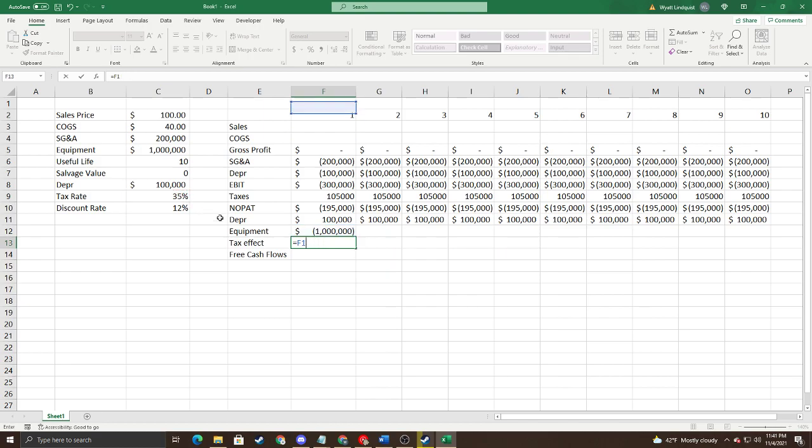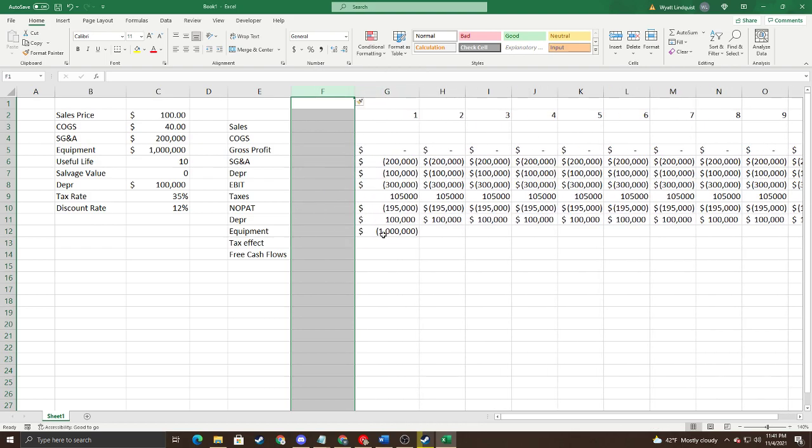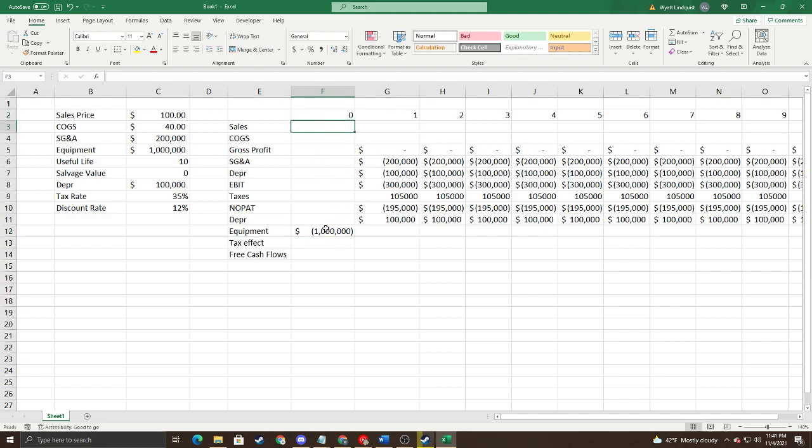And actually, there is no tax effect at all of these equipment purchases, because the purchases will be depreciated throughout the life. And actually, this equipment purchase goes in year 0, not in year 1. We purchase it in year 0. There's no tax effect because it will be depreciated, and we'll get the tax effect later.